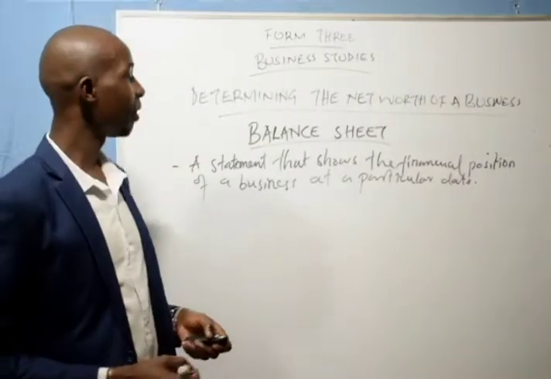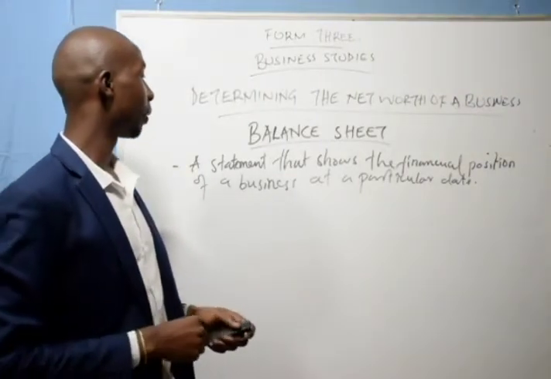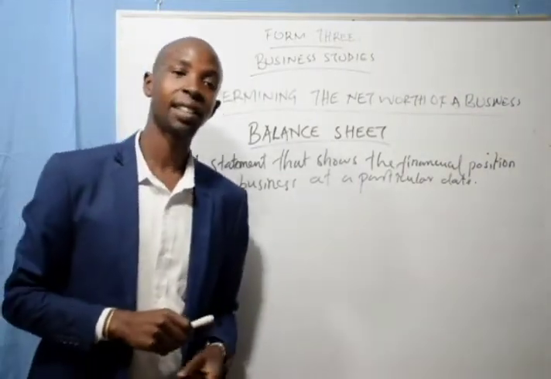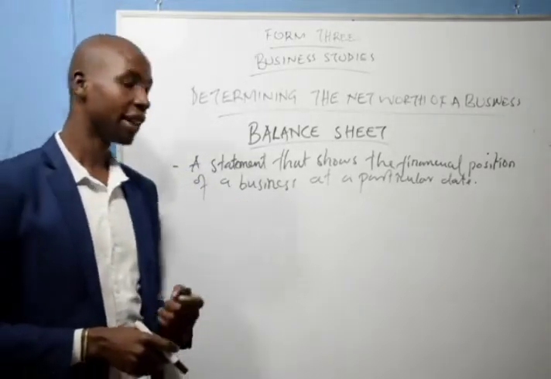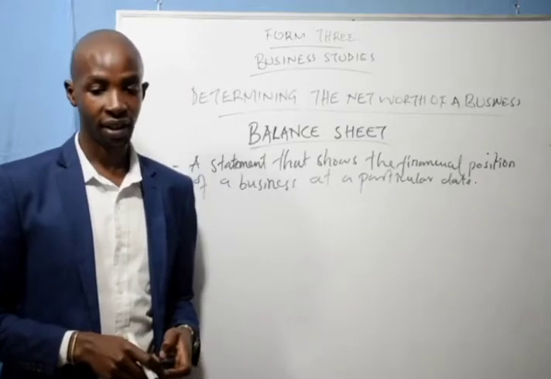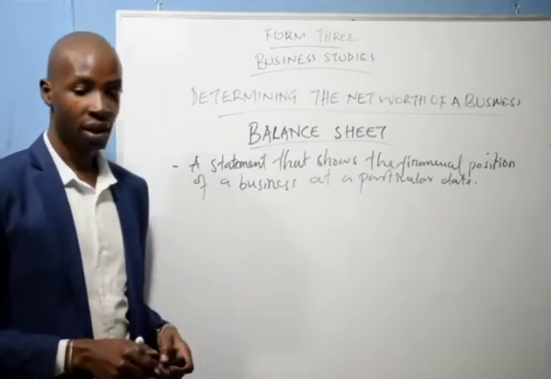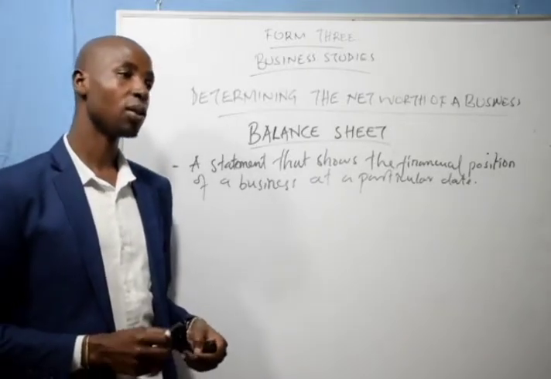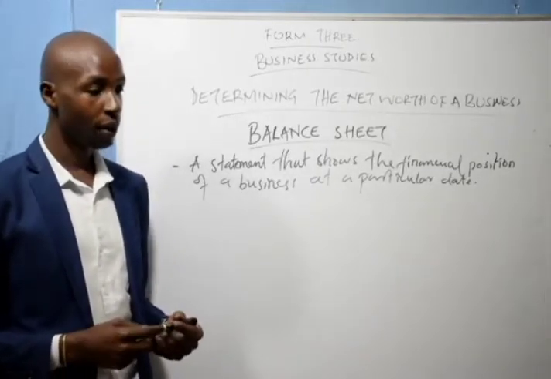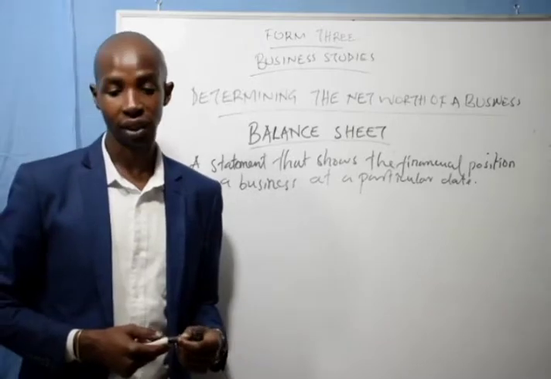A balance sheet, having known the bookkeeping equation, that is assets, capital, and liabilities, is going to be affected by the three. So that's why we mentioned that assets is equal to capital added to liabilities.